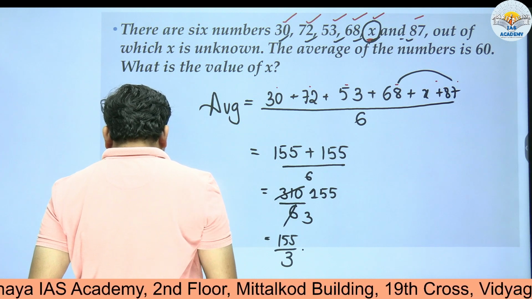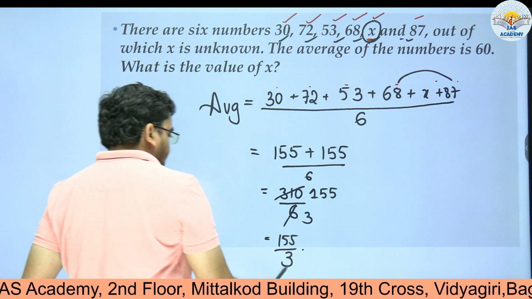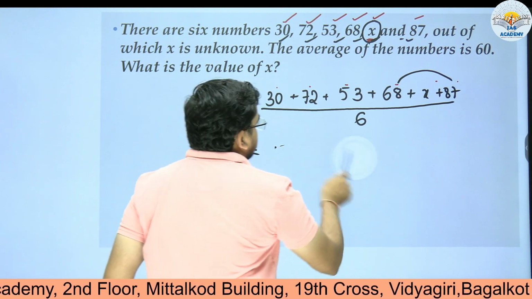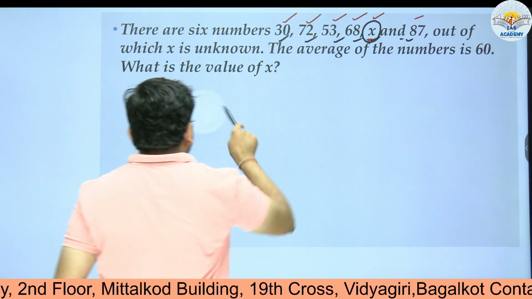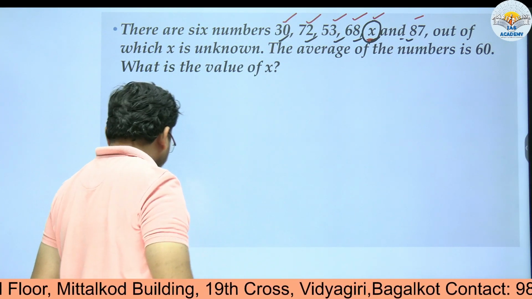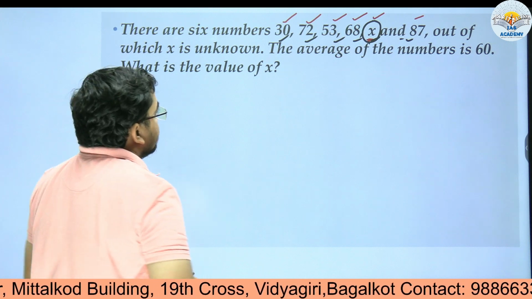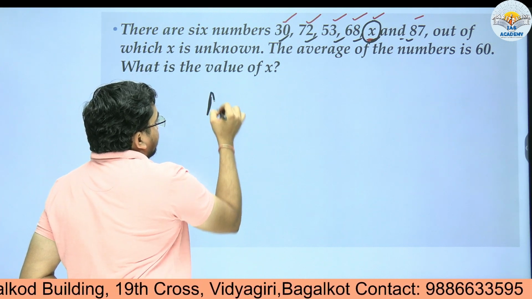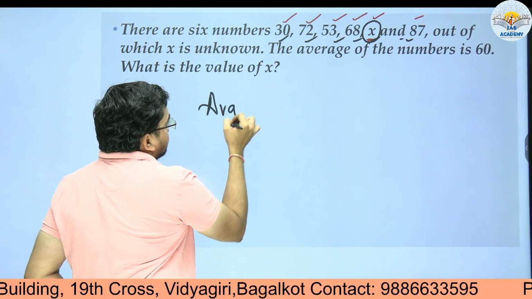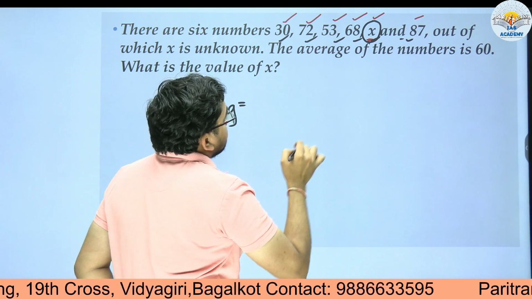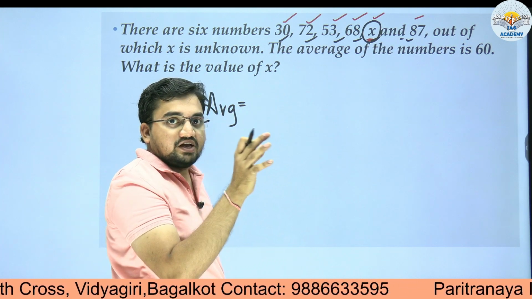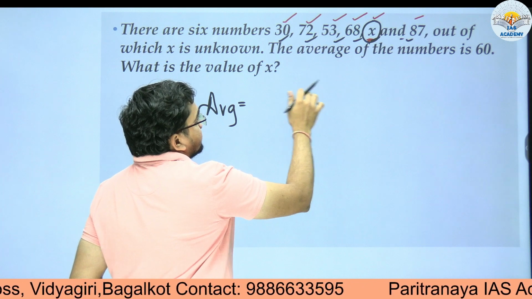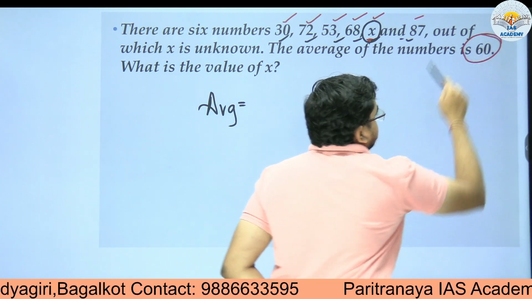Sorry. So I will explain this question again. We made a small mistake. Firstly we have to apply the average formula, but at the same time they have given us the average itself.